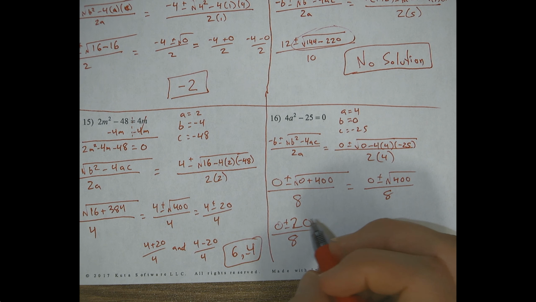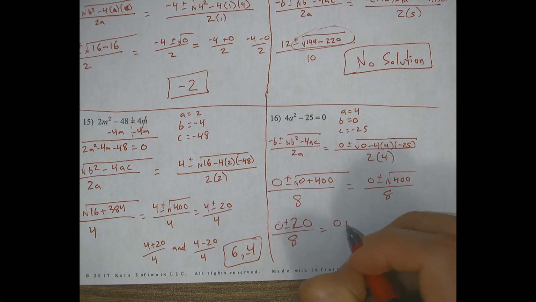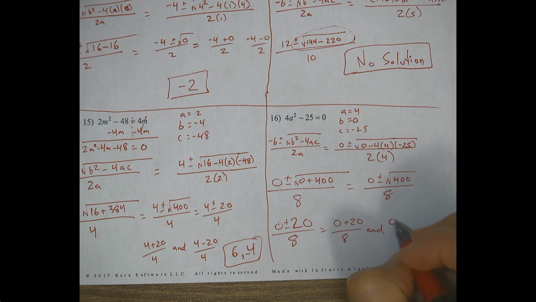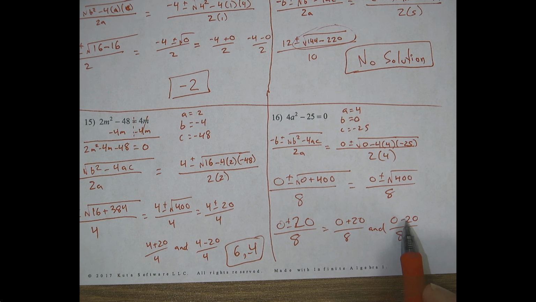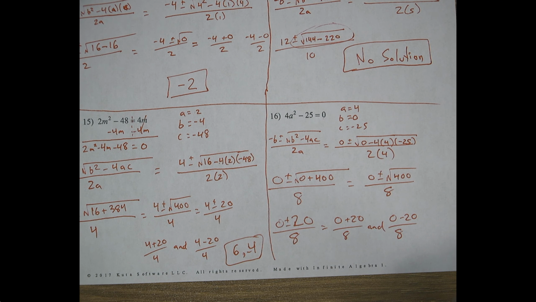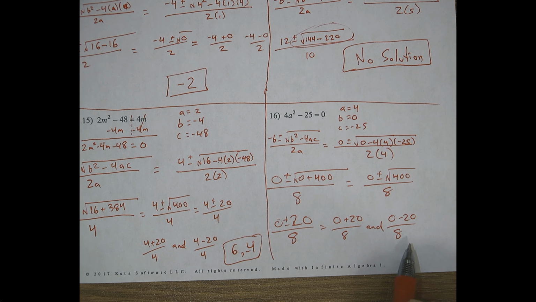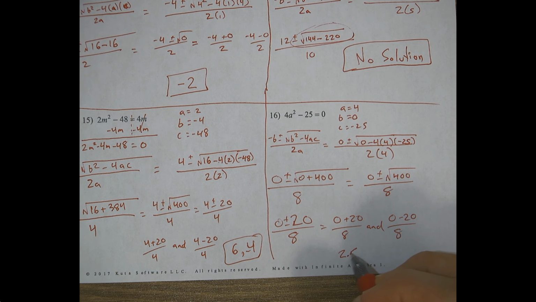So we're going to go ahead and do 0 plus 20 over 8 and 0 minus 20 over 8. So we're going to get positive 20 divided by 8. We're going to get negative 20 divided by 8. So we're going to get the same answer, just a positive version and a negative version. 20 divided by 8, it's 2.5. 0 minus 20 is negative 20 divided by 8, which is negative 2.5.